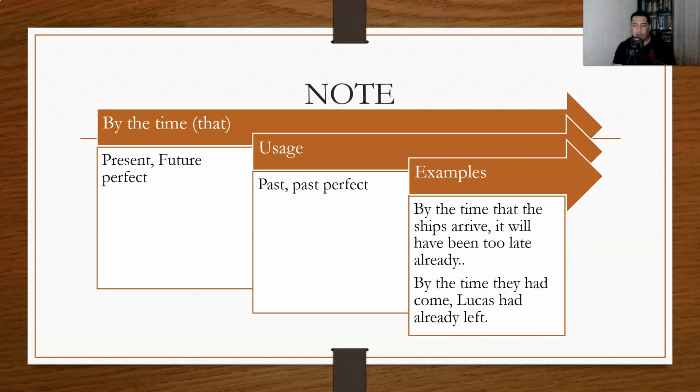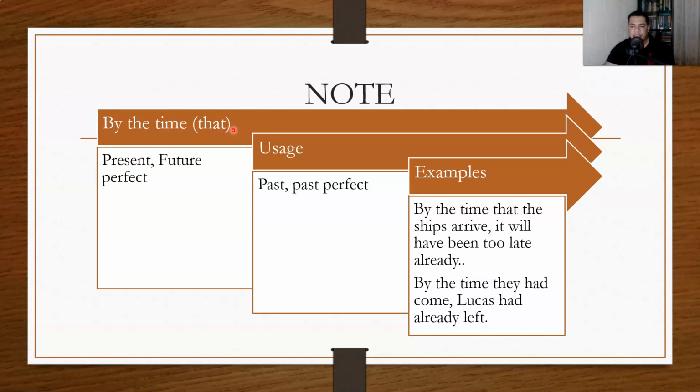A note on the use of the phrase by the time that. The phrase by the time that introduces an adverb clause of time, right? And we need to bear in mind that we need to make some changes in the verb forms, right?